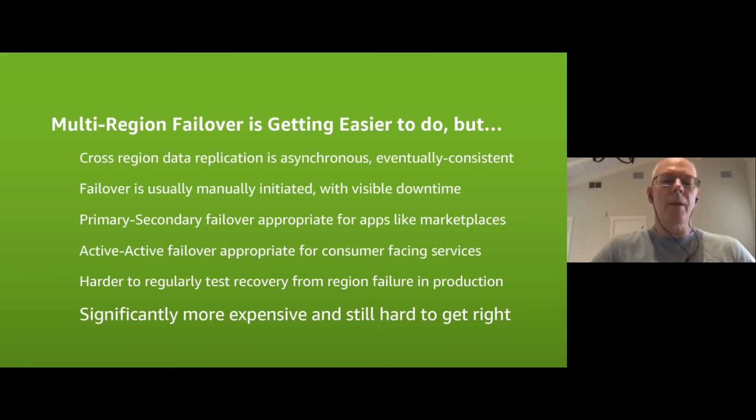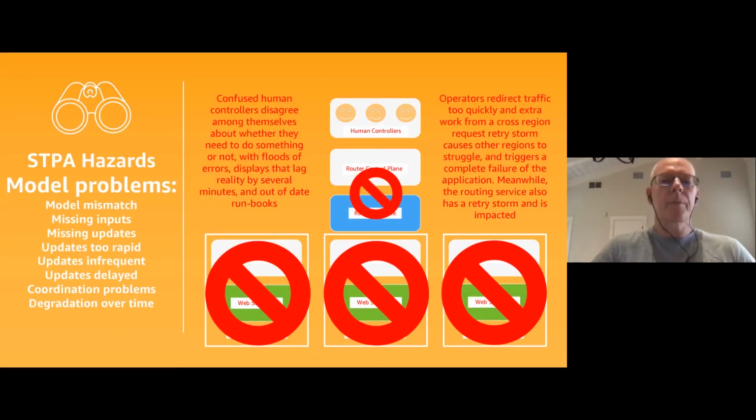In active-active, maybe the other two regions keep running, hopefully, and you just fail over the first one. So this is difficult to do. It's significantly more expensive, and if you haven't got really good operational excellence in place and well-tested zone-level failure, it's really hard to figure out, do you have a zone failure or a region failure? You can get all these things mixed up.